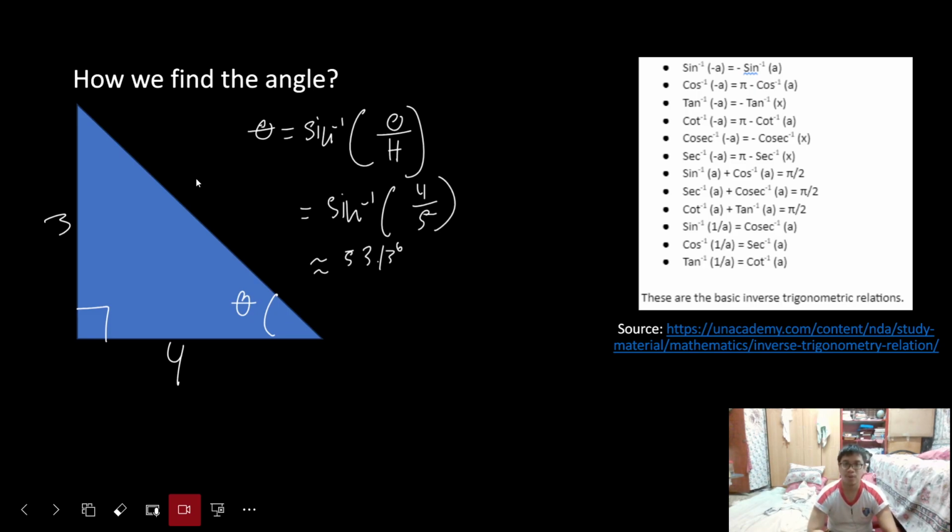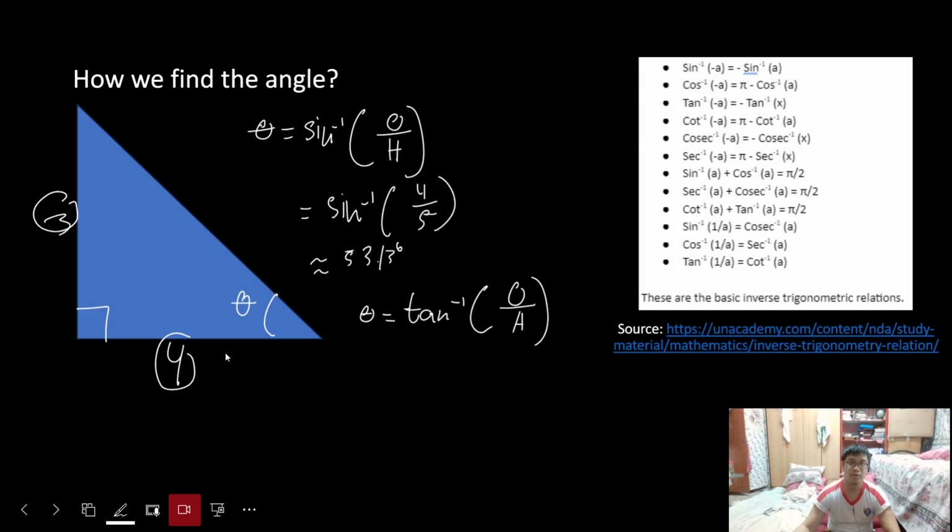So what will be the angle here? Since you have the opposite and you have the adjacent, what are you going to use? Arctangent. Why? You can find the angle by getting its opposite and its adjacent. So we will have arctangent of O over A.